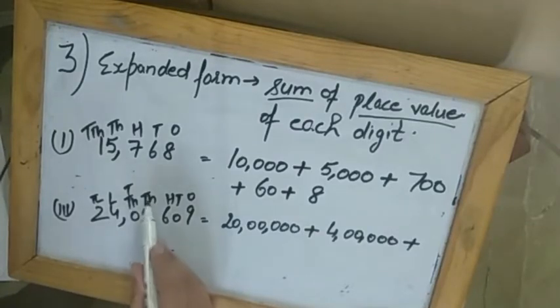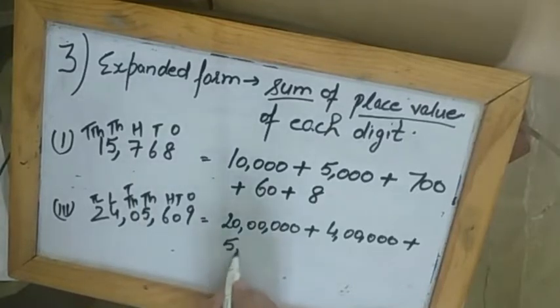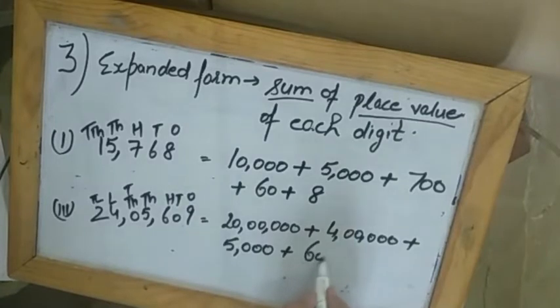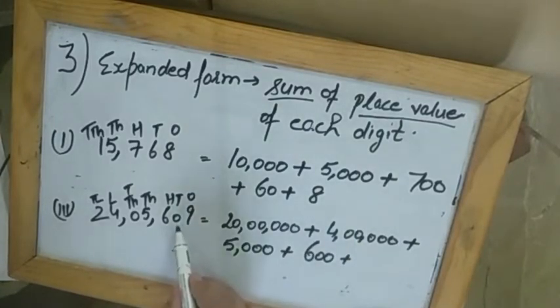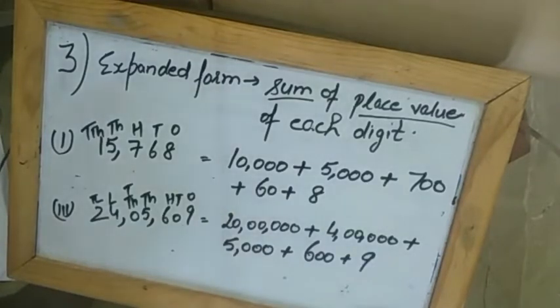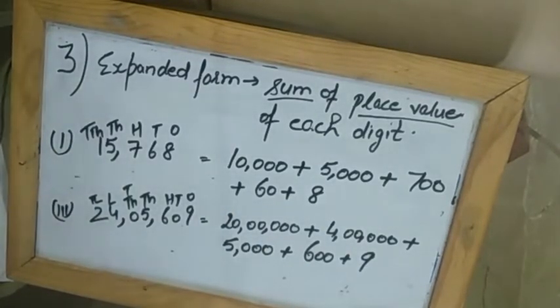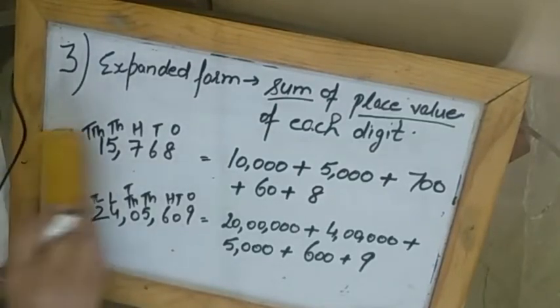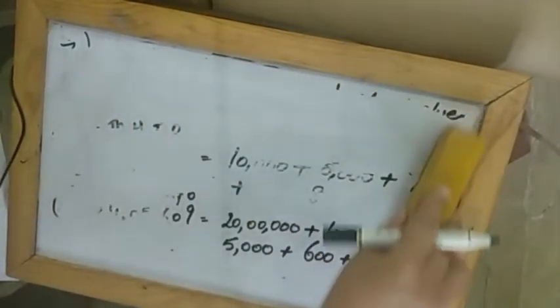It is 5,000, so I'll write 5,000 plus 6 is 100. Plus again 0 is there, so no need to write 0, plus 9 ones or 9. So this is how we write the place values in expanded form.